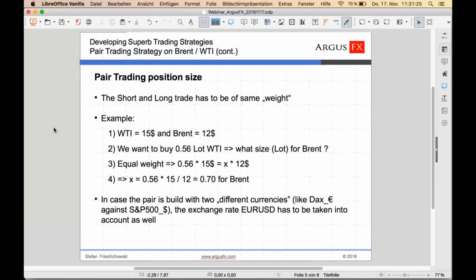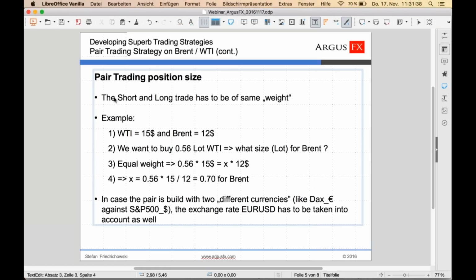Whenever you do pair trading or neutral trading or ratio trading, spread trading, however you call it, then a very important statement is that the short and the long trade have to be of the same weight. That sounds maybe a little bit funny, but what does it mean? They should have the same weight. Just an example.